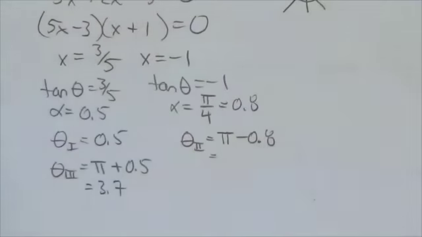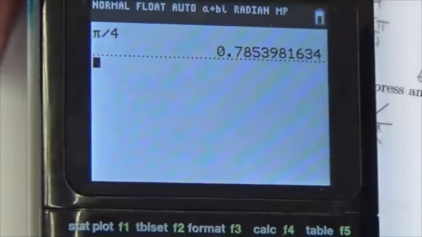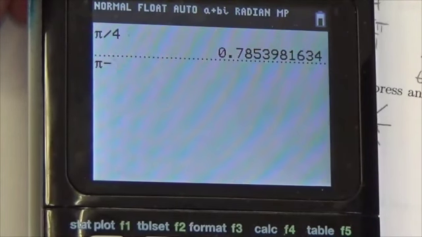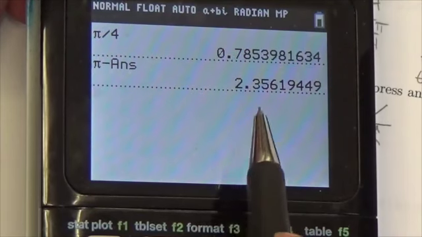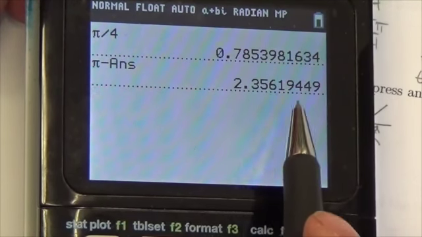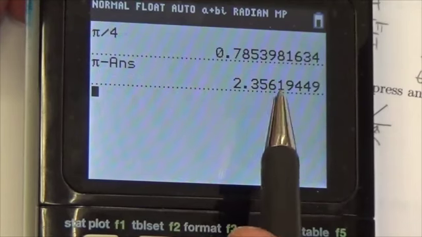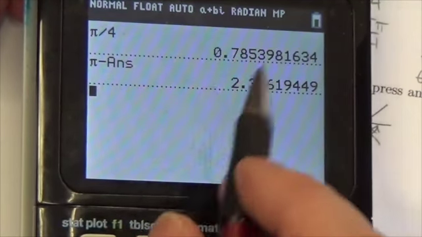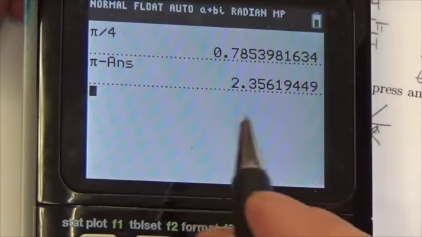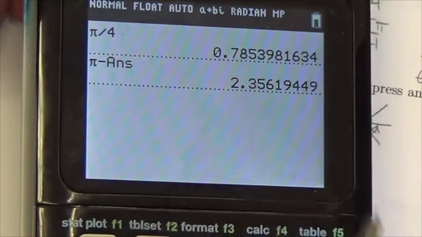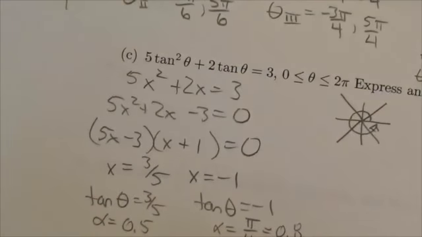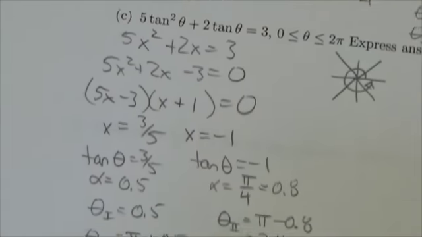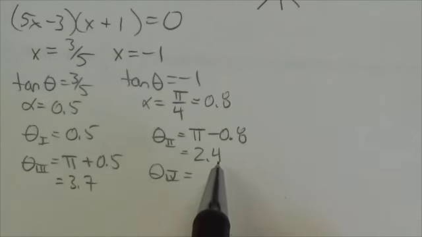Essentially, I'm going to do pi minus that answer. I will get 2.35 and so on, but I'm going to round that to the nearest tenth. Even though I wrote my answer rounded, I'm still using the full decimal, so I'm not really rounding until the final step, and that is going to be 2.4.